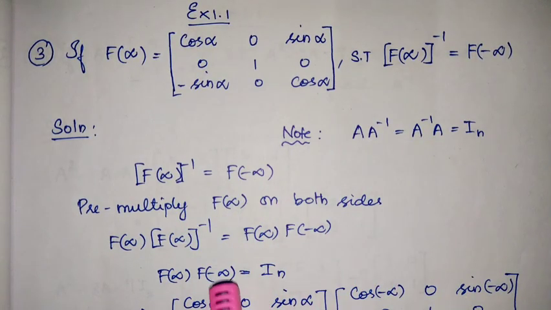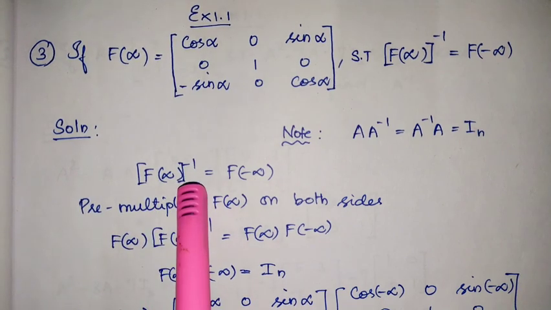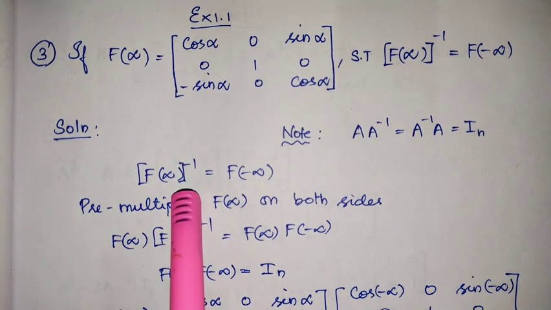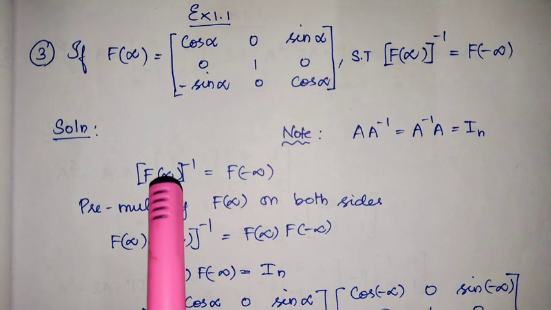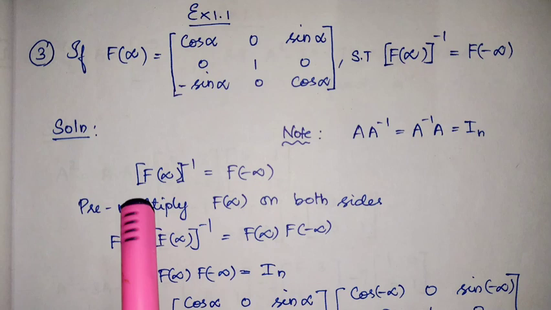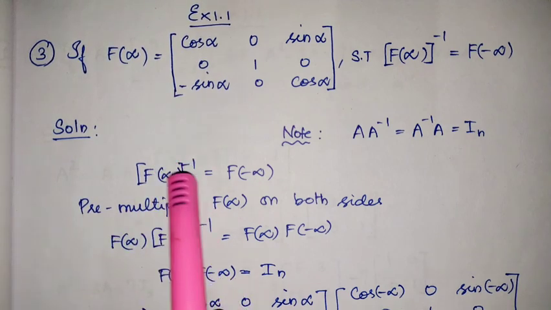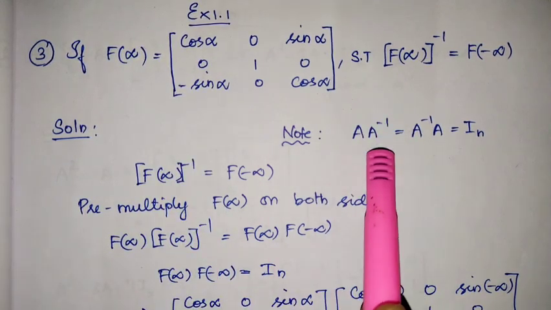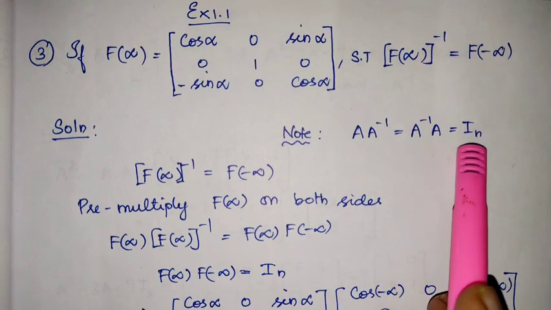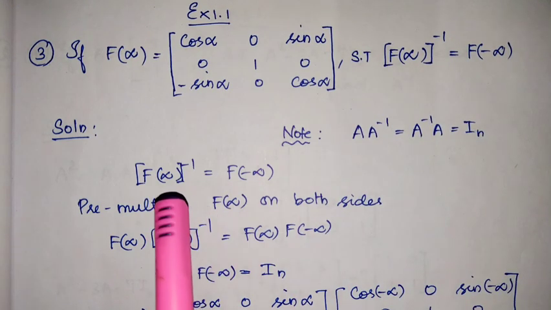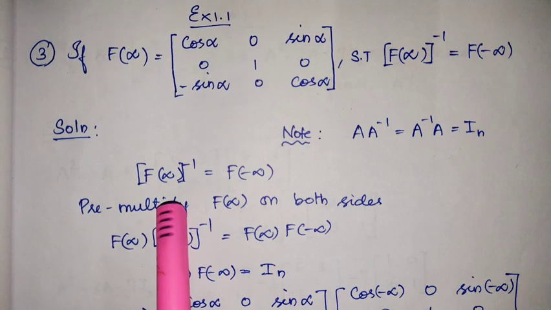To eliminate this inverse, since finding the inverse is a tedious task, we are going to avoid that. To remove this inverse, when you multiply by A, you will get a unit matrix. The same rule is going to be applied here, right?